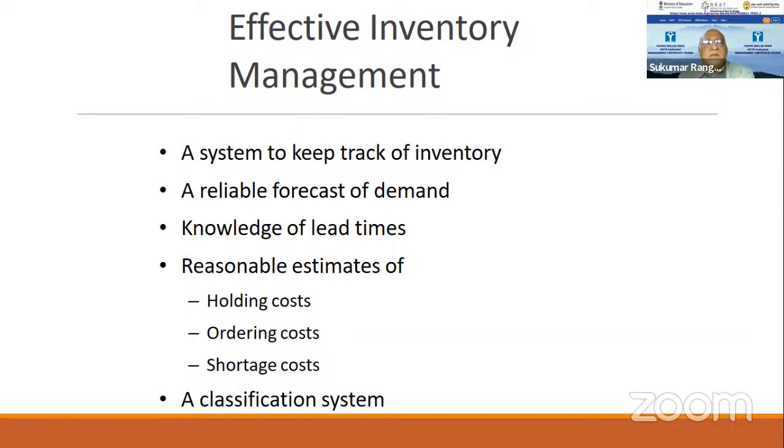Then inventory management also implies a classification system. I already told you about that ABC classification: A class, B class, C class. C class doesn't mean that it is not important.